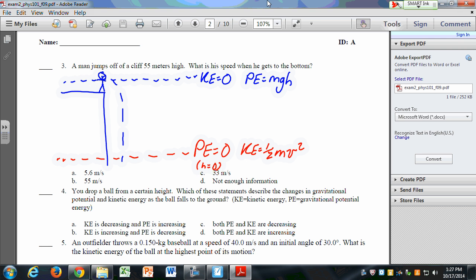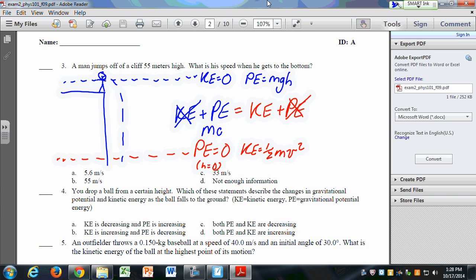So I would just say that the initial energy, which is KE plus PE, but our KE is equal to 0, will equal KE plus PE, but here our PE, our potential energy, is equal to 0. And then I can start putting in some values.